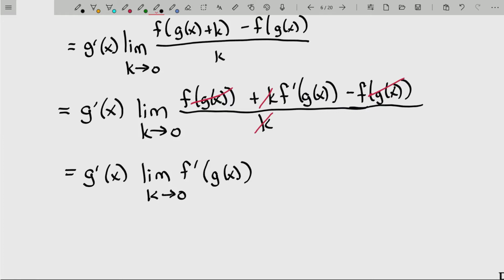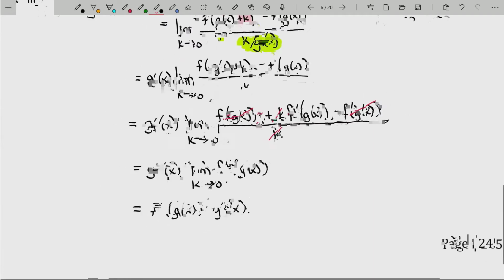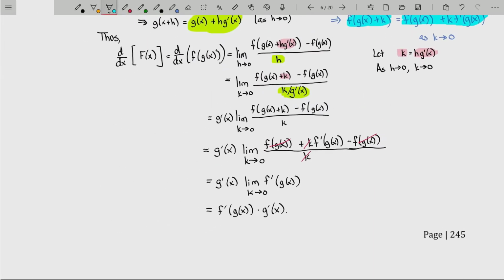Could be 5, who knows, but the limit of a constant is the constant itself, and so using the commutative law of multiplication, this is f prime of g of x times g prime of x. And so we have successfully proven that the derivative of f of g of x is actually f prime of g of x times g prime of x.